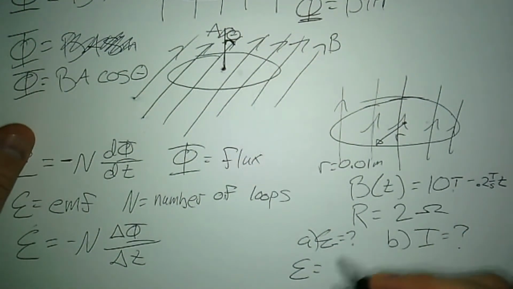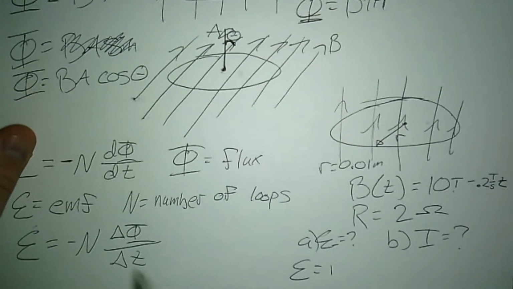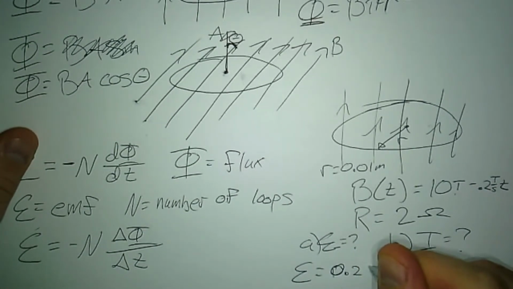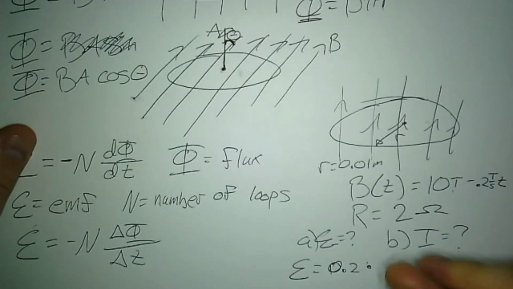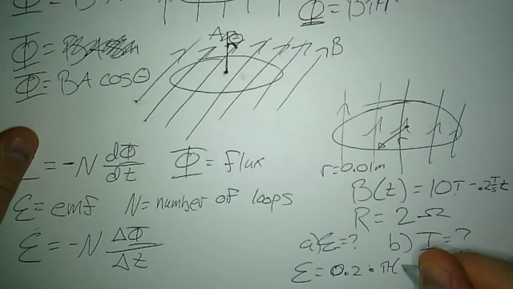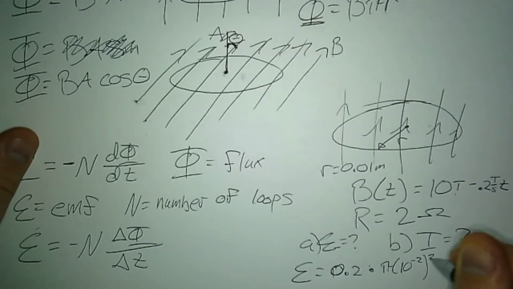So my EMF is going to be 0.2, because that's the rate of change of the magnetic field, times the area. So it's going to be 0.2 times pi times 10 to the negative 2 squared.